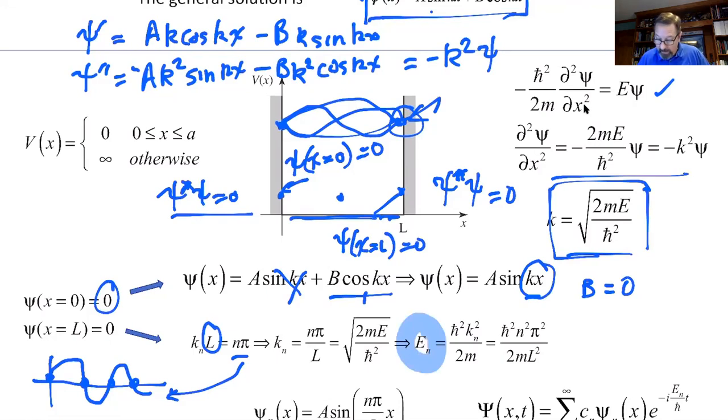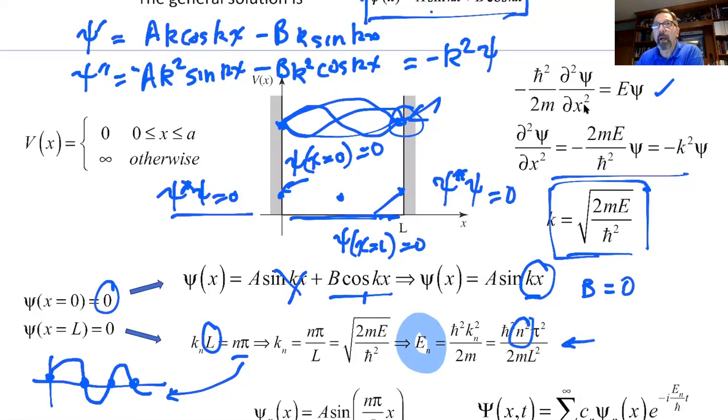The energy: I square it, so that squares the n, squares the pi, squares the L. Then I have to multiply by h bar squared and divide by 2m. And sure enough, I get what the energy is for each of these states, n equals 1, n equals 2, n equals 3.